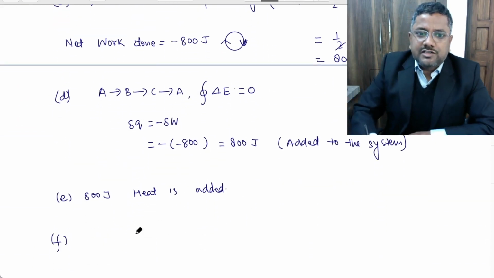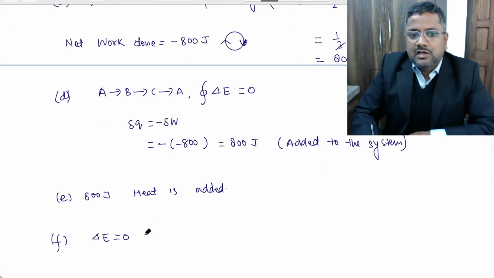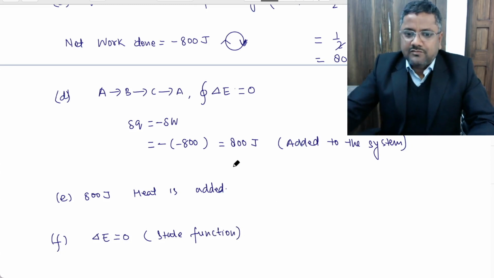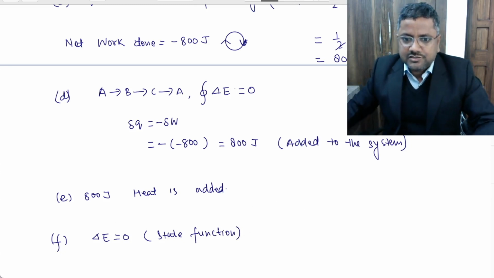So the change in energy for the entire cycle, delta E is equal to 0, because this is a state function, right? So in this way you can answer all such type of questions, right?